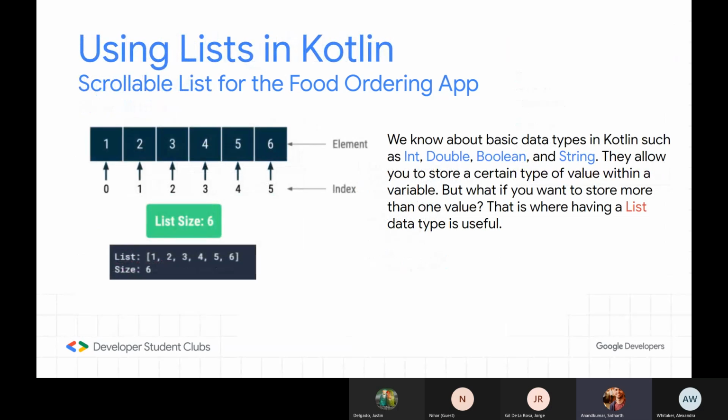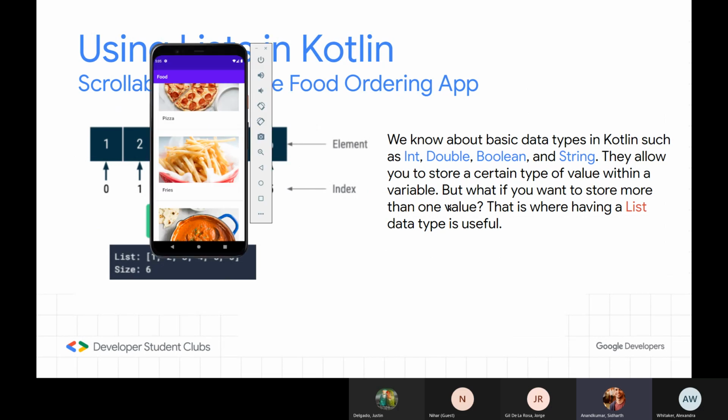Now, coming to the main part of our presentation today, how to use lists in Kotlin. In this regard, lists in general can be iterated over using ints, doubles, booleans, or strings. But for something like this, you would need something called a Recyclerview.